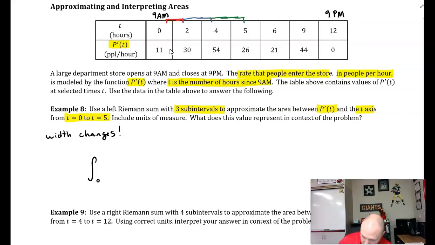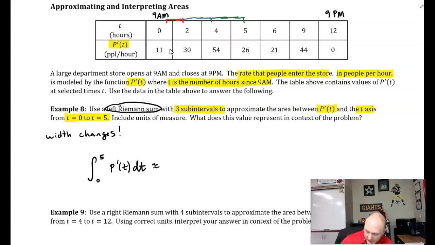So I'm going to say the integral from 0 to 5 of p prime of t dt with respect to t is approximately. So this is a left Riemann sum.